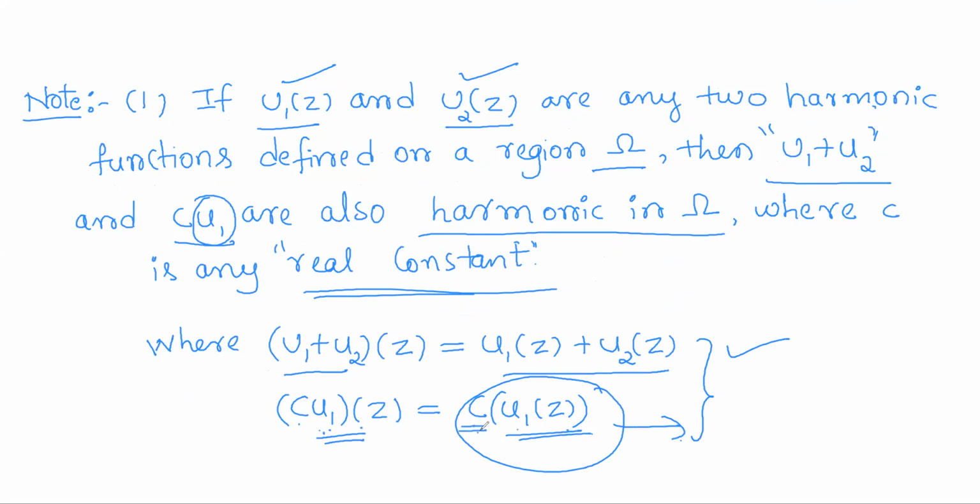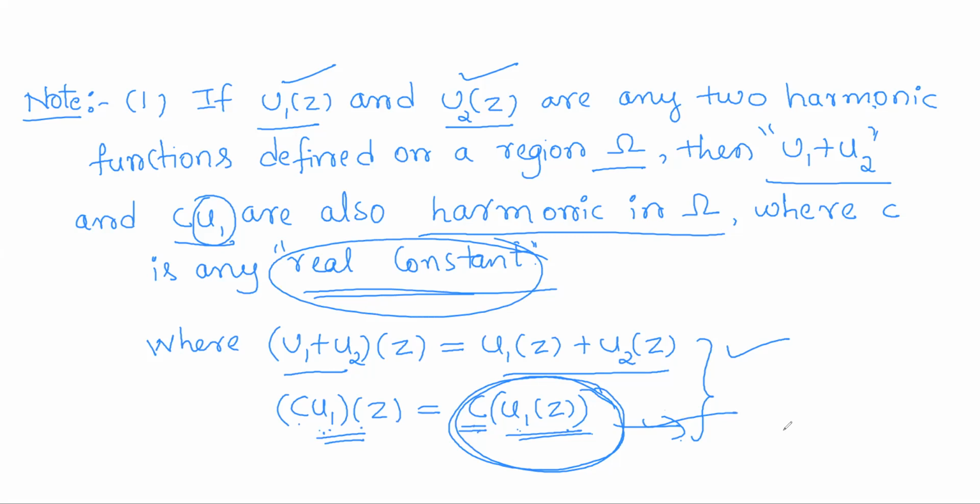Whenever c is a real number, the right hand side is a real number because u1 is real valued. So you cannot choose c as a complex number in defining harmonic functions. Precisely, we take real constants to make the resulting function real valued so that it could be a harmonic function, right?